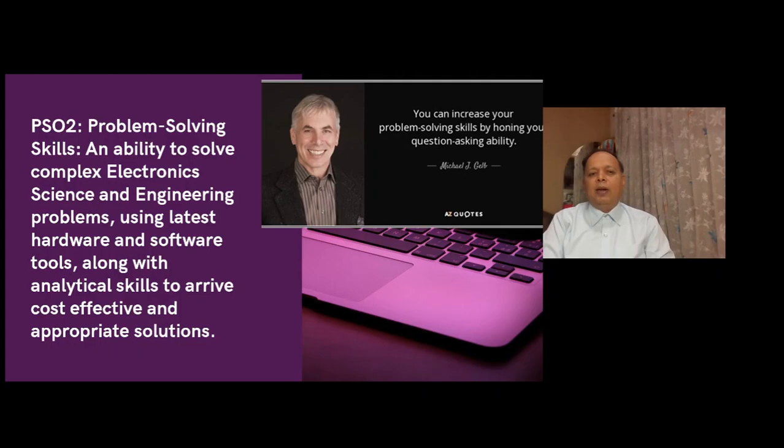The logical skills are important, the reasoning is important, the linguistic skills are important, because most of the time we are dealing with technical documentation, wherein the linguistic skills and comprehension are really important. So this PSO, that is program specific outcome, is regarding problem solving skills, how successfully you can solve the problem.